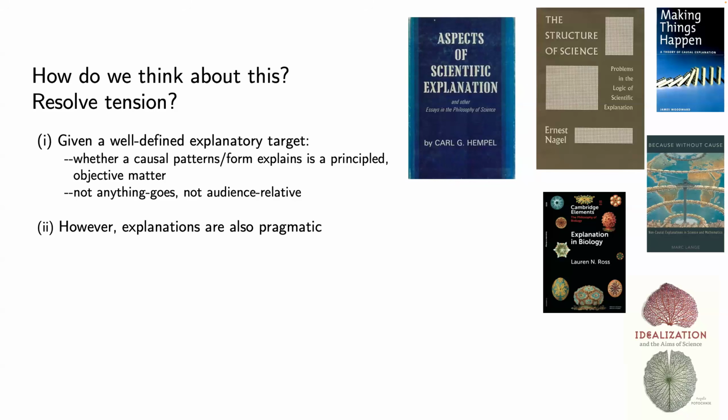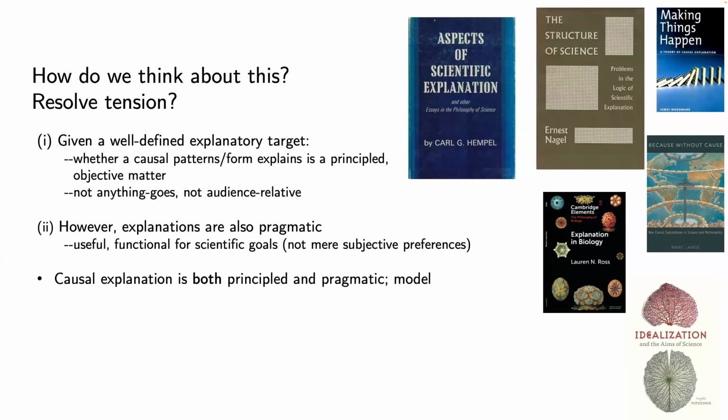However, explanations are also pragmatic, just not in the subjective preference type of notion that is sometimes presented and argued for in philosophical work. Explanations are pragmatic in the sense that they're useful, they're functional, they serve various types of scientific goals.